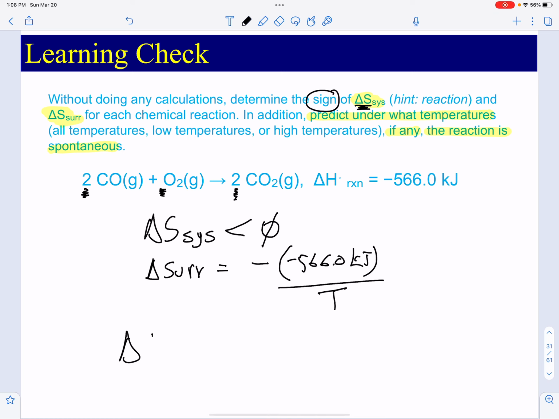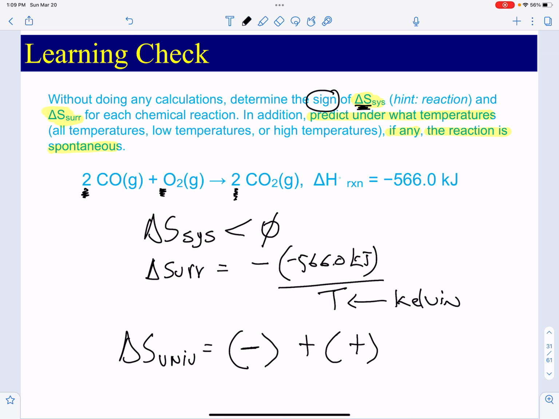We know that the delta S of the universe is going to be equal to delta S of the system, which is negative, plus delta S of the surrounding, which is positive. This temperature is Kelvin, so it will never be negative. Kelvin is always a positive scale, from 0 to infinity. Negative, negative, that gives me positive. And I know this is divided by T.